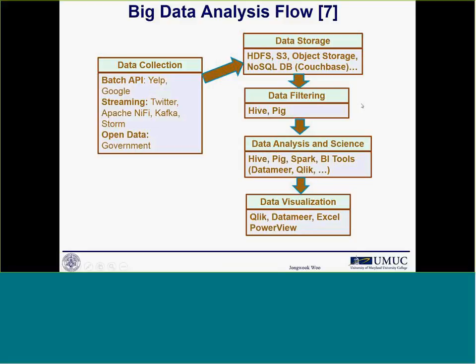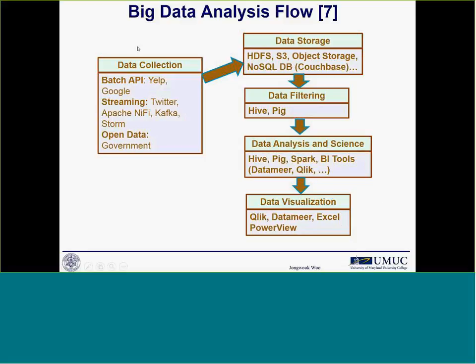And then using Hive and Pig, you can clean the data. You can validate data, filter it, convert it, and then you could use Hive, Pig, or Spark, or BI tools. You can analyze or predict the data. And then the result normally should be visualized for much better insight using Qlik, Excel, Power View, or Data Mirror, or Tableau.